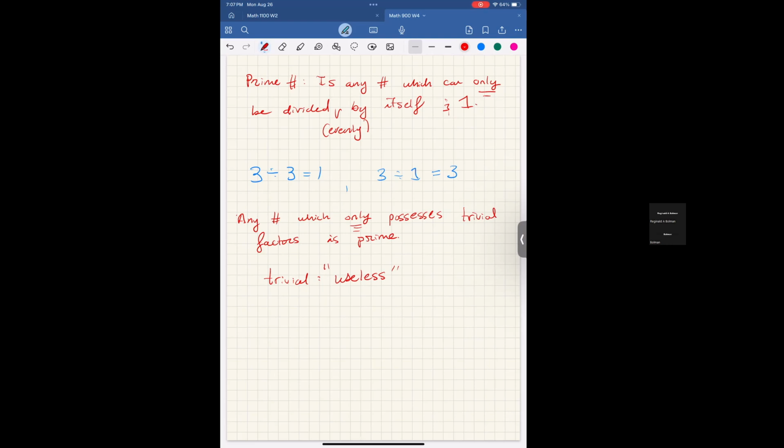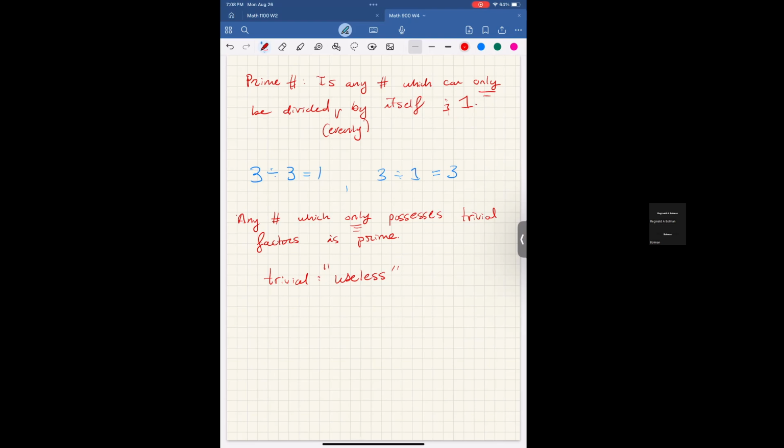And so for prime numbers, what's so special is this idea that the only types of factors that a prime number possesses are trivial or otherwise useless factors. It's not that they don't have factors, it's just that they're trivial and we wouldn't otherwise denote them with the exception of this particular case.